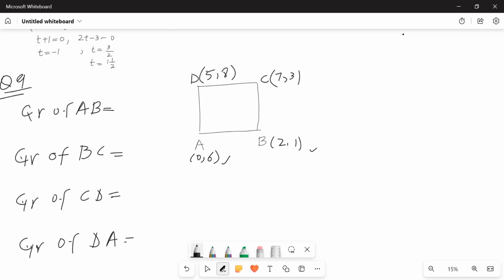Then y2 minus y1, which is 1 minus 6, over 2 minus 0. So it will be minus 5 over 2, right? It is minus 5 over 2. Okay, next, BC.